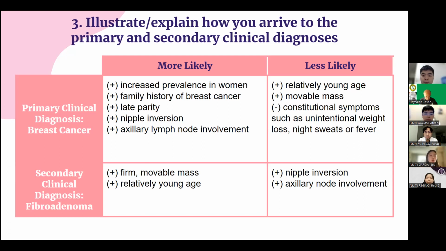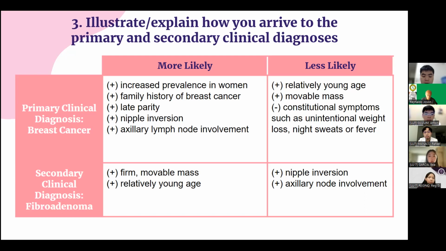Now, our secondary clinical diagnosis, we're also considering fibroadenoma, primarily because of the characteristic of our patient's lesion, the fact that it is firm and it's movable, painless, unilateral, those characteristics, no? And also the fact that our patient is relatively young.